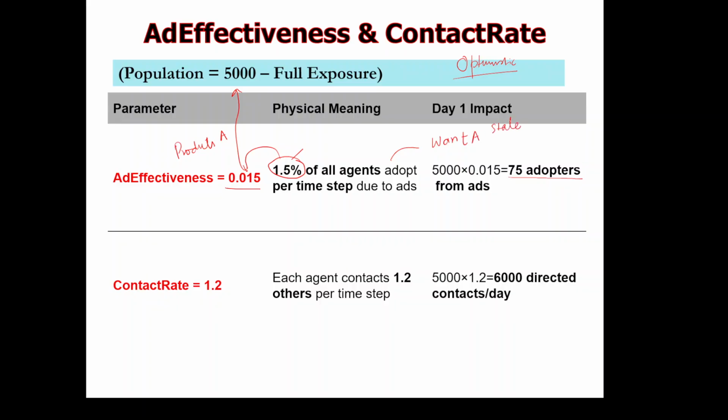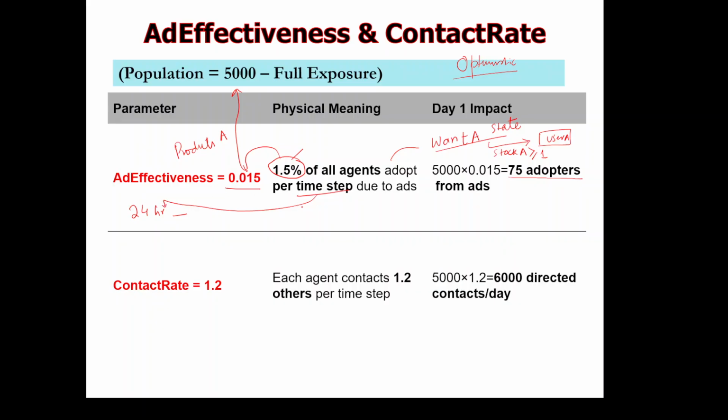When they are in want A state they can proceed directly to user A state, and the only condition is that the stock of A is greater than or, I think, equal to 1. So if the stock is available they immediately become user A. So let's say we are talking about a 24-hour day, and our time step here is, let's say, 1 day.